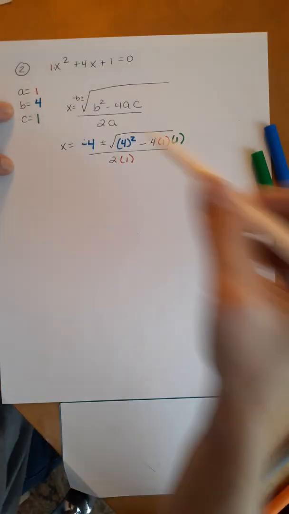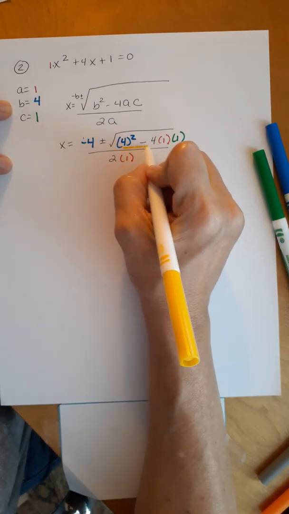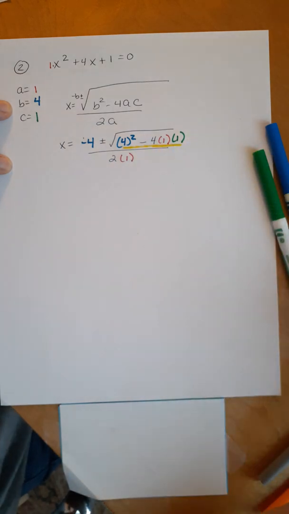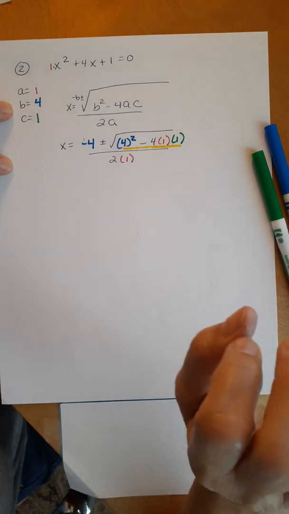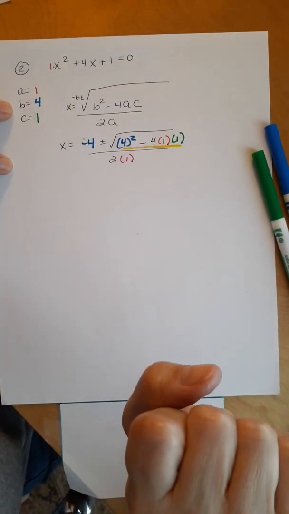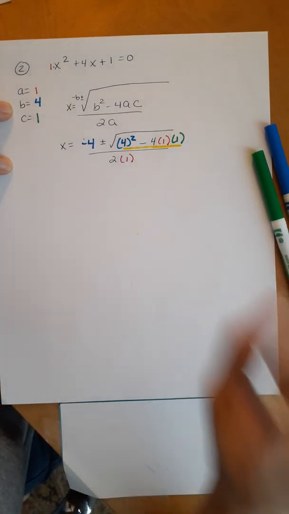All right, we're cool. Now let's look at the discriminant. Again, we are going to look at this piece in here. If it's smaller than 0, no solution. If it's larger than 0, 2 solutions. And if it's equal to 0, 1 solution.